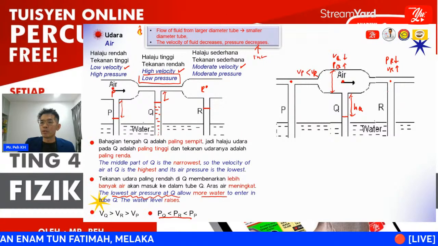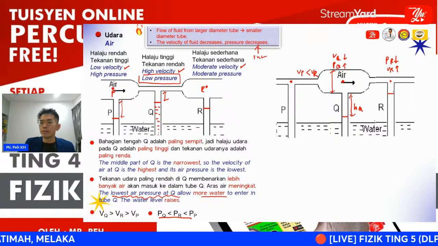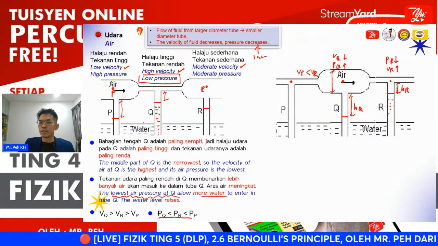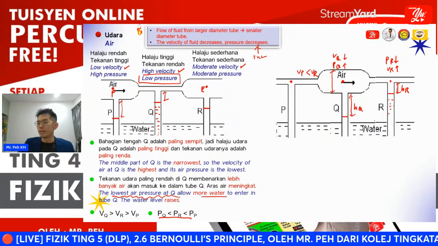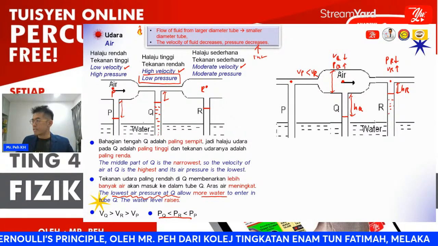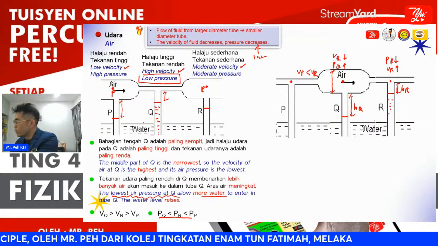When the air pressure is lowest, the HR here is the smallest, but the water level will be the highest. Understand?